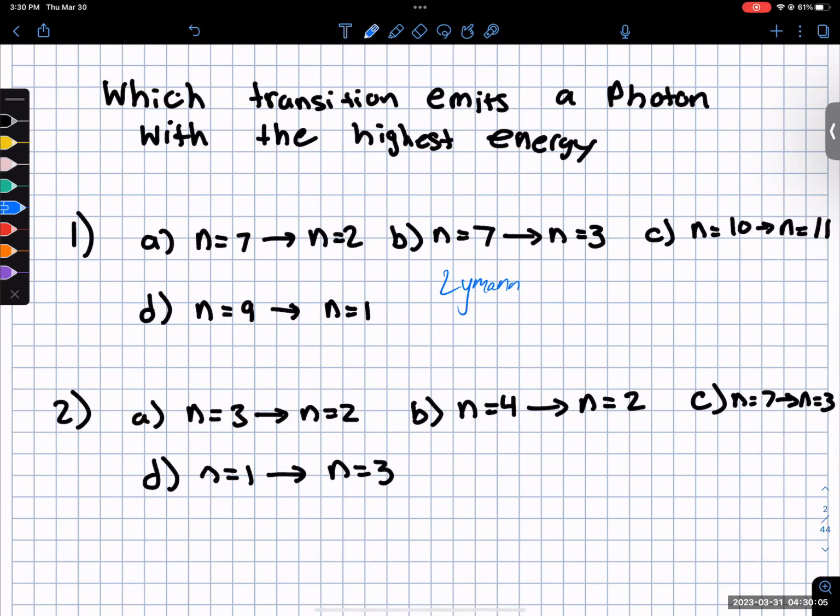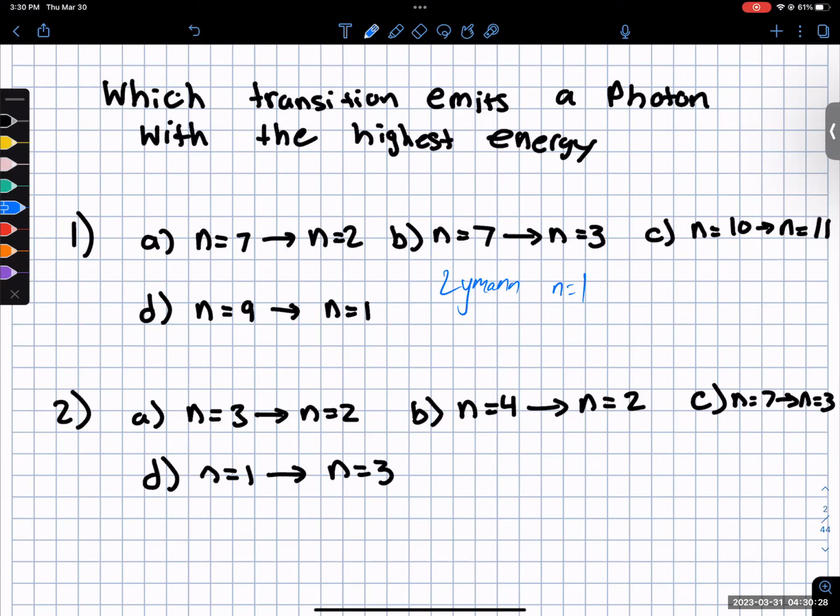That's what we're looking for. What's the final n for the Lyman series? n equals 1. Automatically we're left with option B because the final n is n equals 1. That's the only one there.